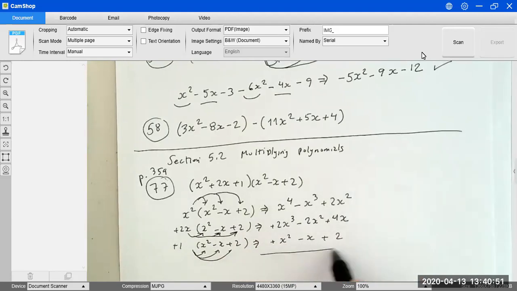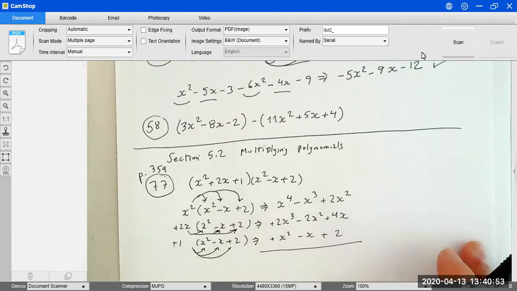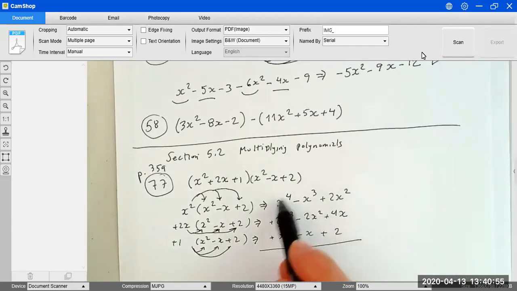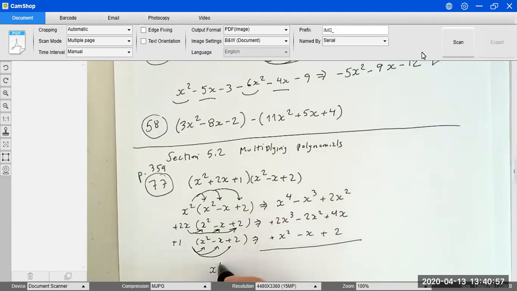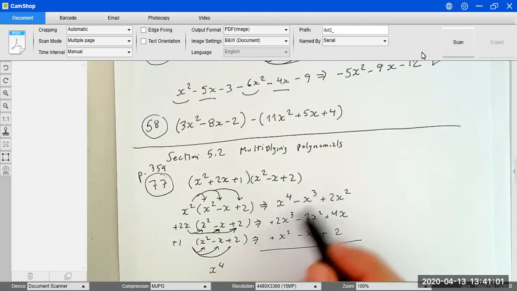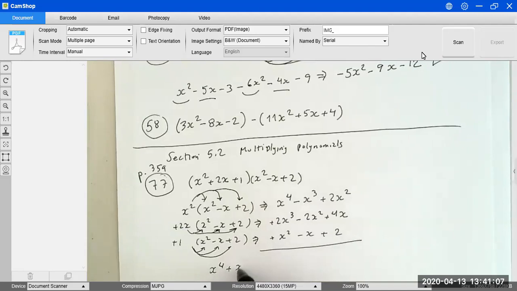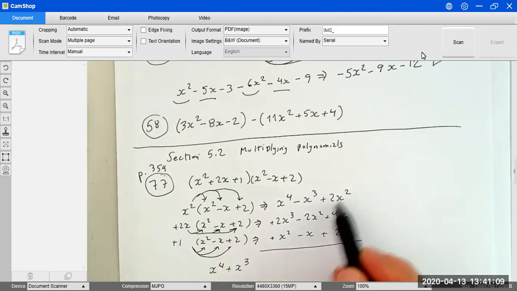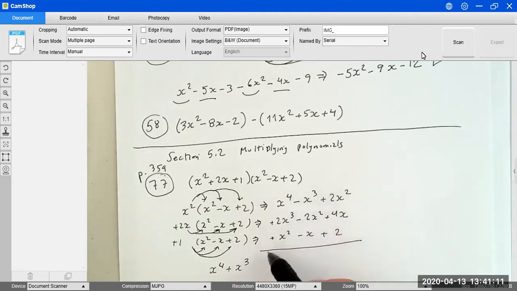So now in a single line, we're going to combine all these terms. So the first one is x to the 4. Then I have, in a diagonal way, you're going to see the like terms. So here you have 2x cubed minus 1x cubed. You're going to get just 1x cubed. Then the next diagonal corresponds to the second powers of x.